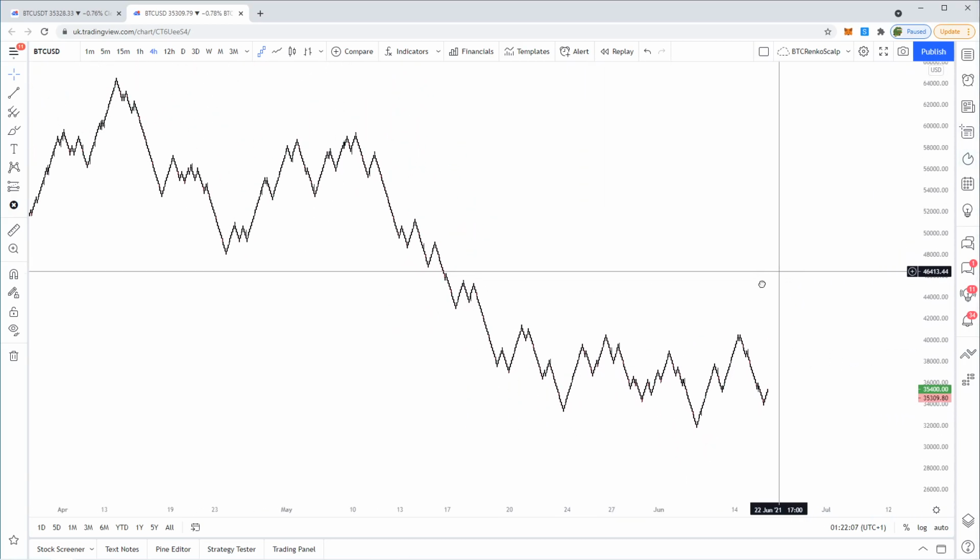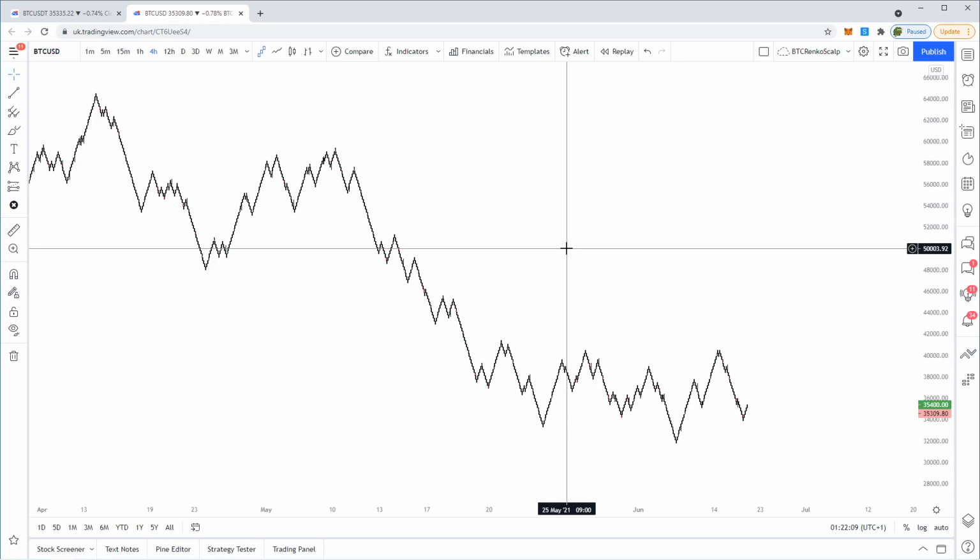So what have we learned so far? Renko is a trend tool. It's used to determine very easily and simply the direction the market is moving, up or down. Renko is designed to strip out the noise and give you a simple price overview of whatever market you're looking at. There are two options on TradingView.